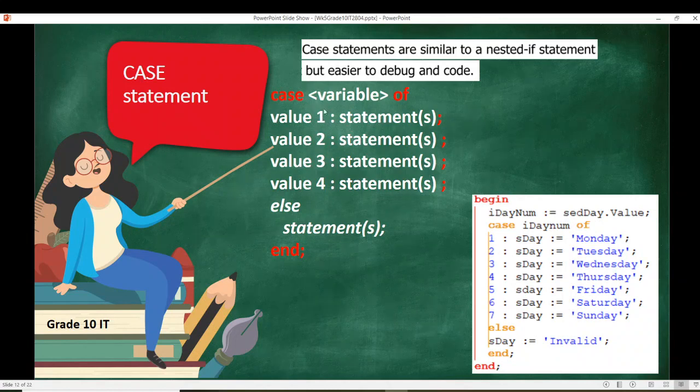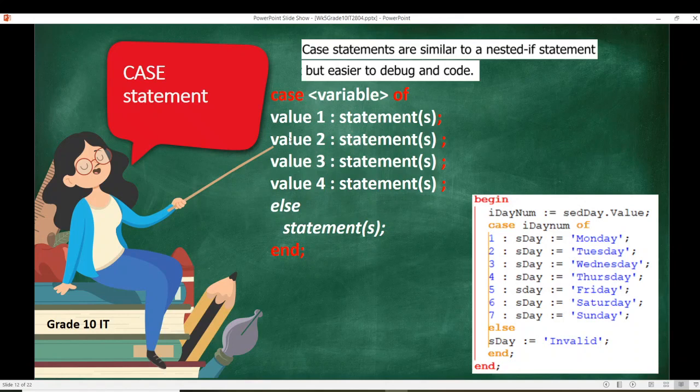So it would be case, variable, only an integer or a char variable, of value 1, so that's what you're evaluating. So if, for example, my variable was iGrade, I would have case iGrade of 8, and then colon, and whatever statements I want to execute if iGrade equals 8.